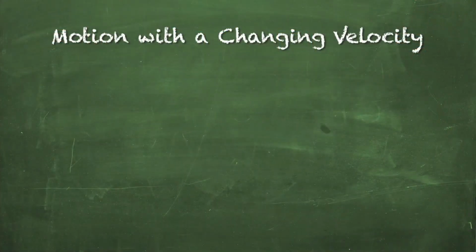So it's important to remember that it is the average velocity vector that is equal to the change in position vector divided by the change in time. And that brings us into our next chapter, which is motion with a changing velocity, and where we'll get into our other three kinematic equations that I've told you about.